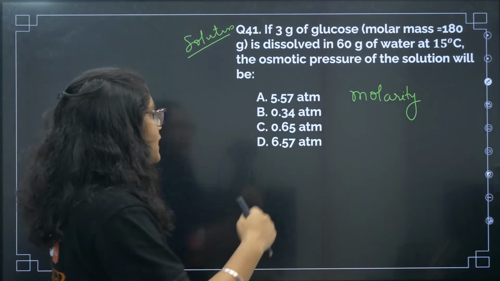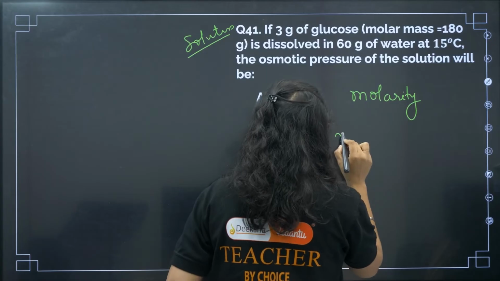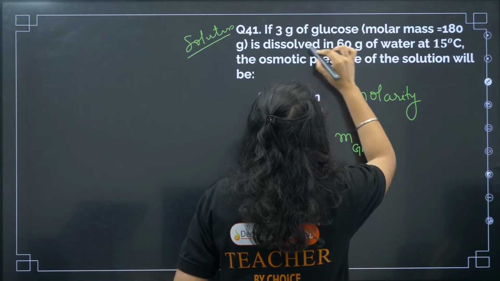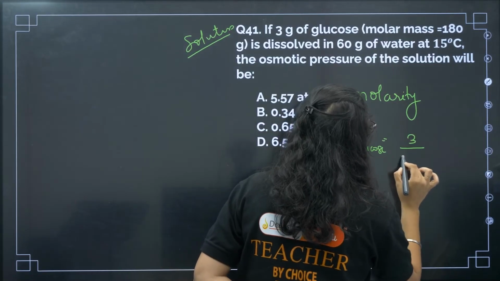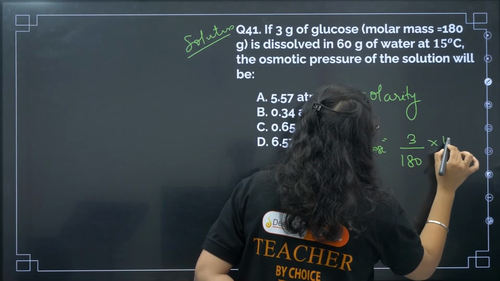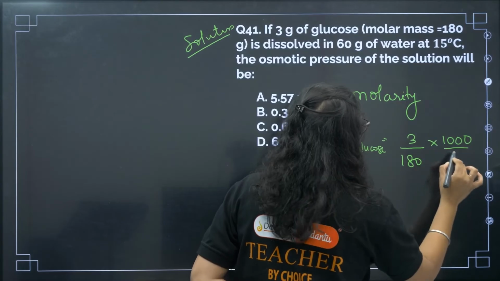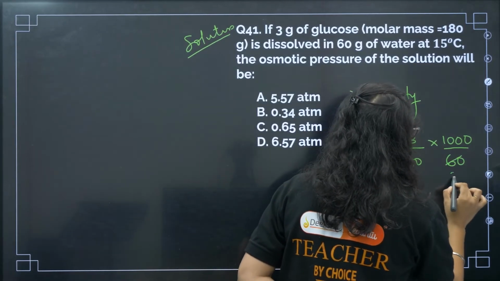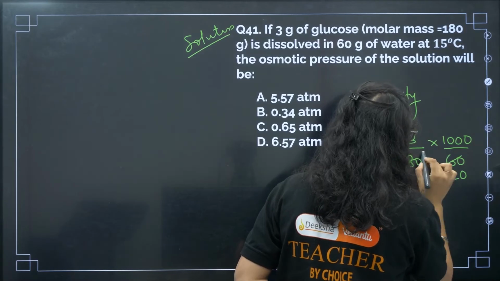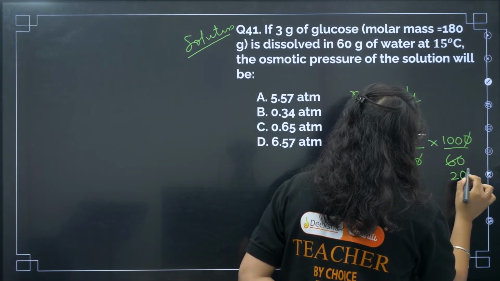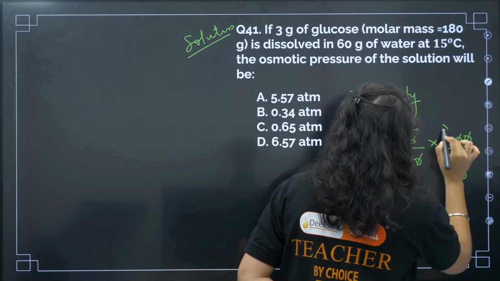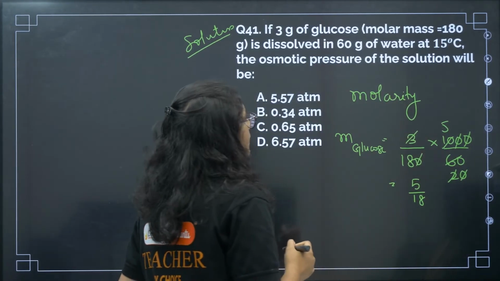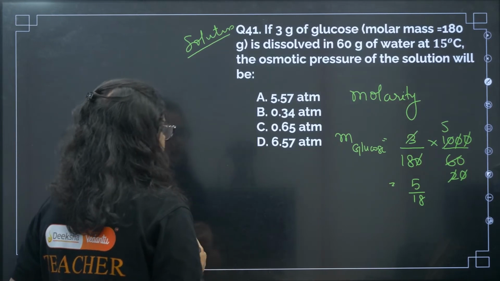So now we can calculate the molality of glucose. I am writing small m, molality of glucose. Given mass is 3 gram, molar mass is 180 gram into 1000, and mass of the solvent is 60 grams. So now if you see here, 3 ones are, we have 20. Next we can cancel this one, so I'll get around 5 by 18. Now the osmotic pressure will be calculated.